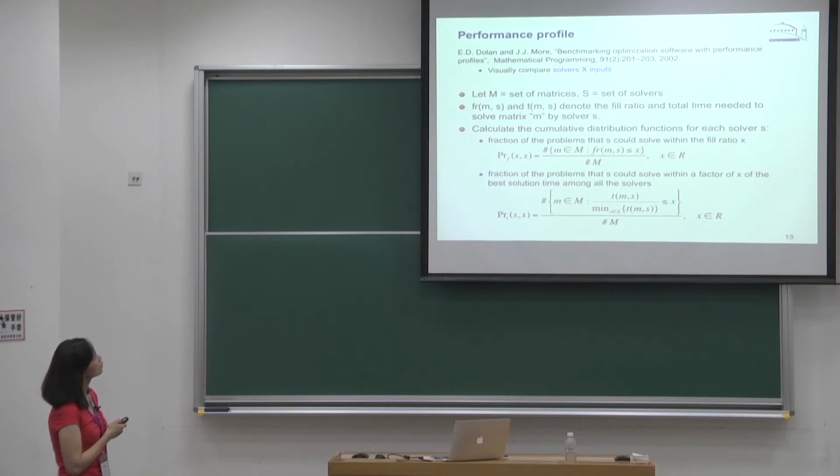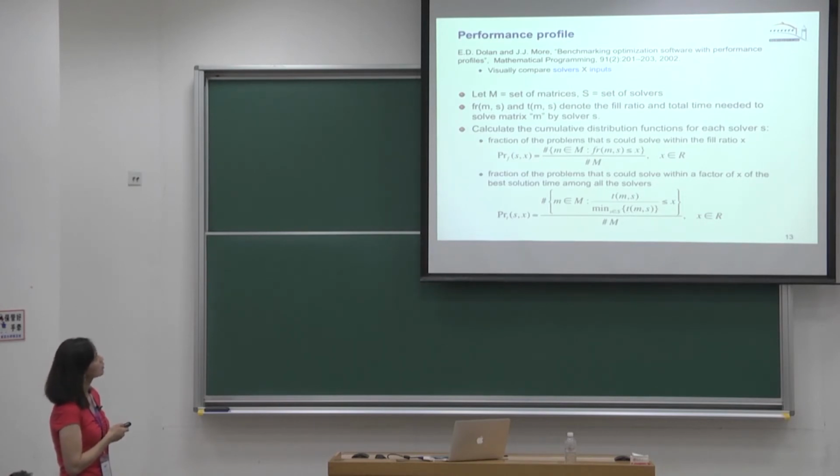One is the fraction of the problems that this solver S could solve within the fill ratio X. You fix a solver S, and look at the number of matrices which can be solved with a fill ratio smaller than a cutoff X. Also, when you look at the time, you can say the fraction of the problems that this solver S could solve within a factor of X of the best solution time among all the solvers.